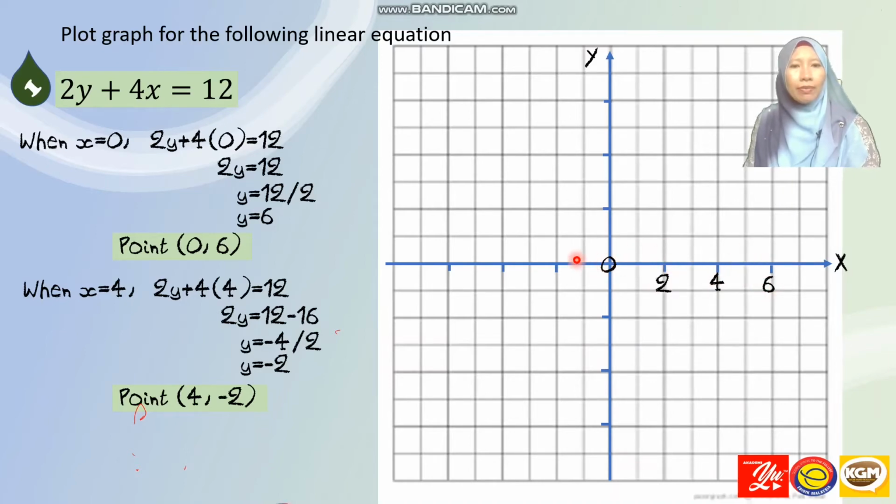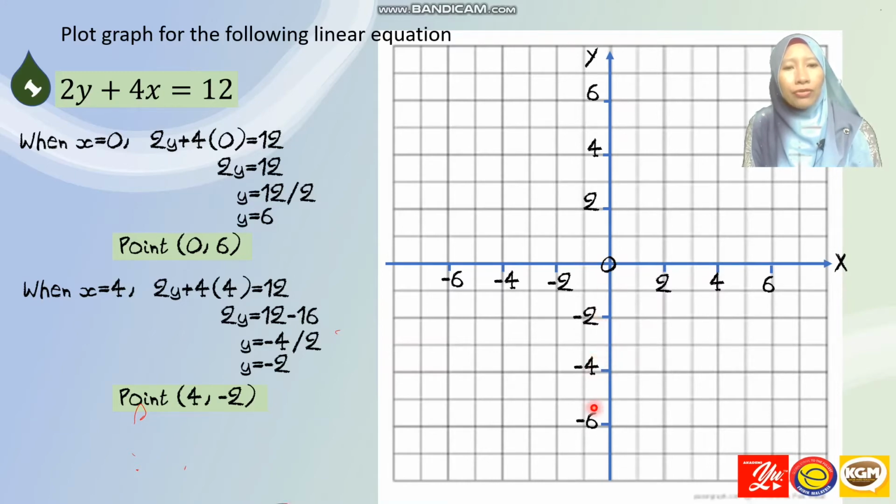And then the same thing on the left-hand side, the negative side: negative 2, negative 4, negative 6, as well as for the y-axis. So we have 2, 4, 6, and then starting from 0 going downward is negative 2, negative 4, and negative 6. So we have all the values.